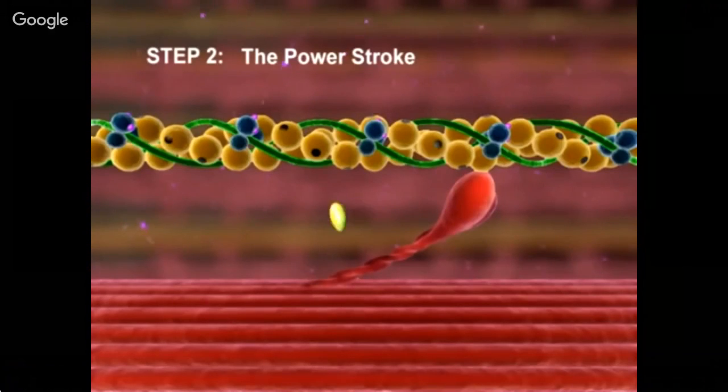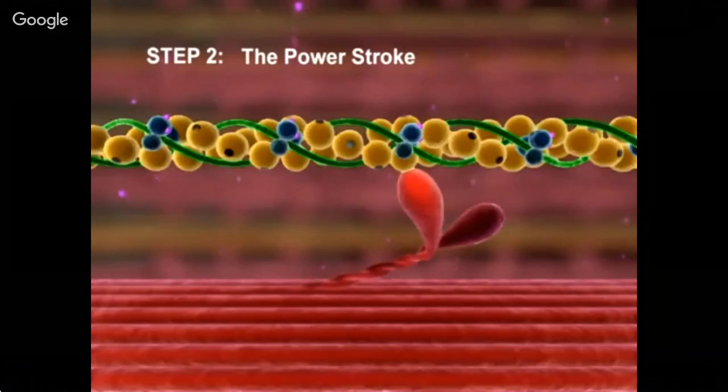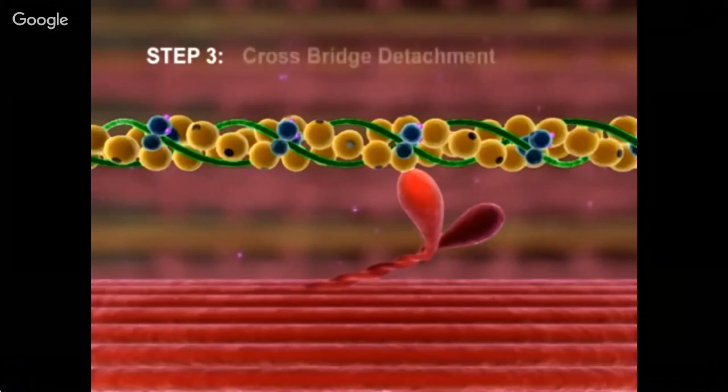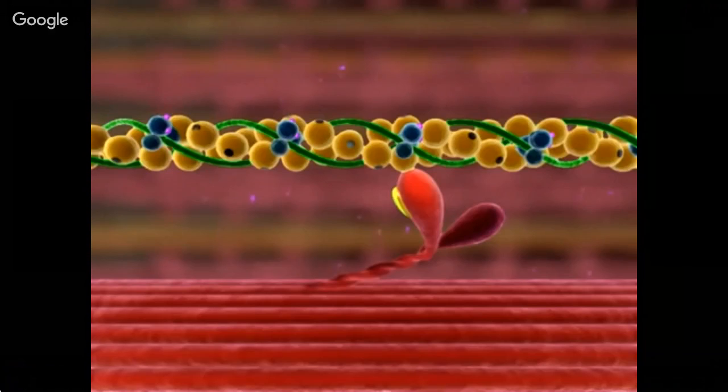ADP is released, and the activated myosin head pivots, sliding the thin myofilament toward the center of the sarcomere. Step 3, cross-bridge detachment. When another ATP binds to the myosin head, the link between the myosin head and actin weakens, and the myosin head detaches.